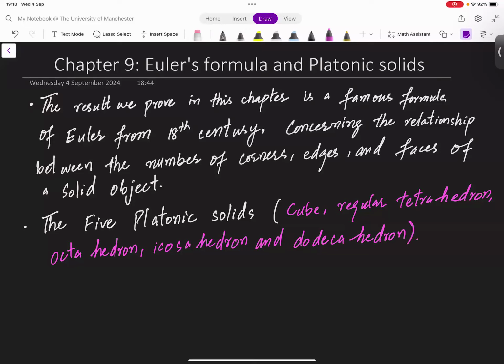Five Platonic solids. Now we shall call our solid objects polyhedra.